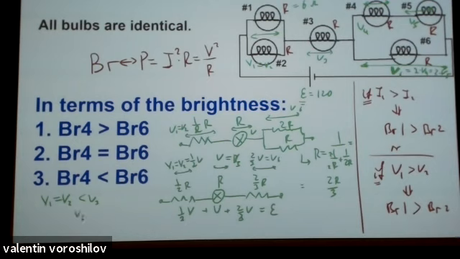So V6 is less than V3, 2/3 of that. And now I want to compare V1 and V6.